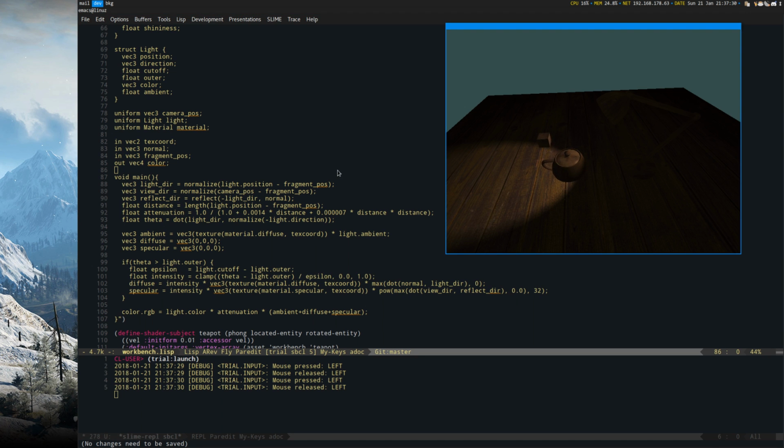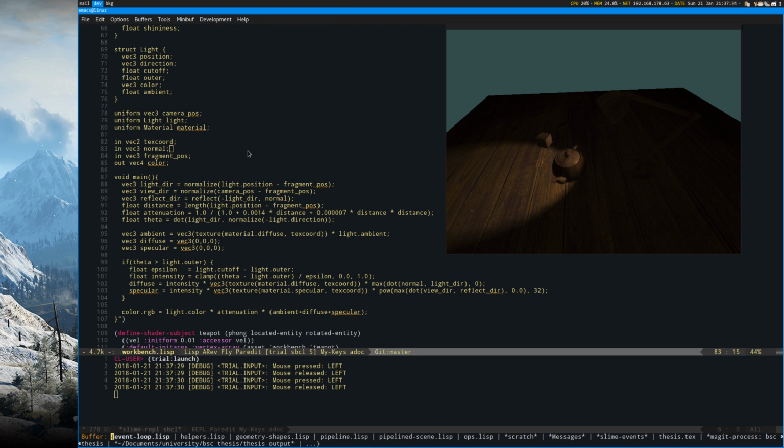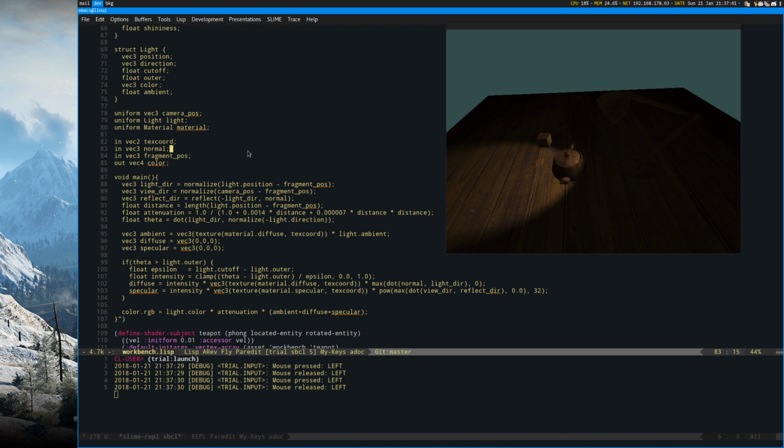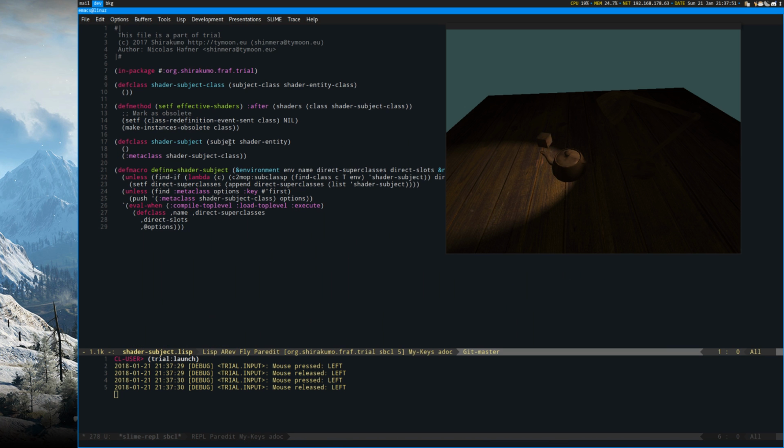Right, figuring out why things are not happening anymore. And loop. They're not sending out the... Why? Subject.